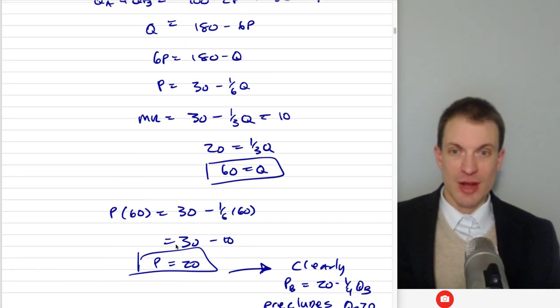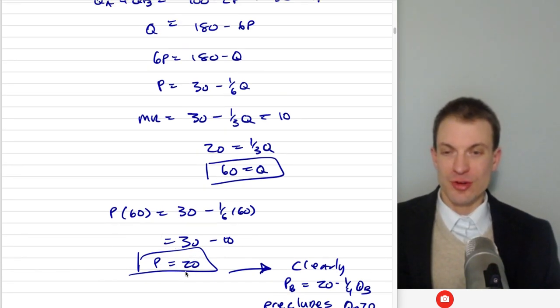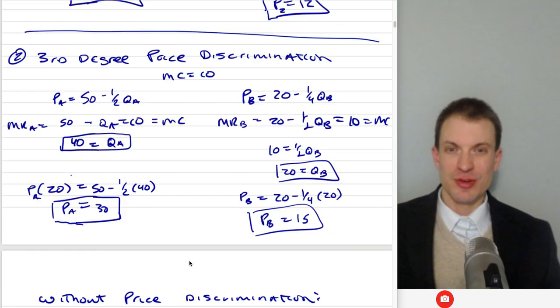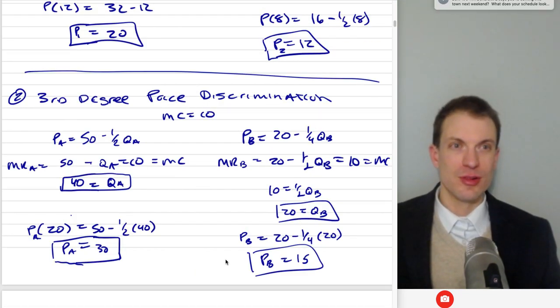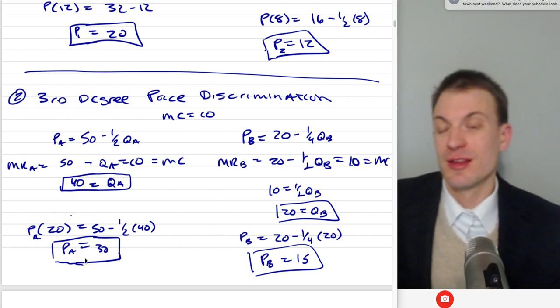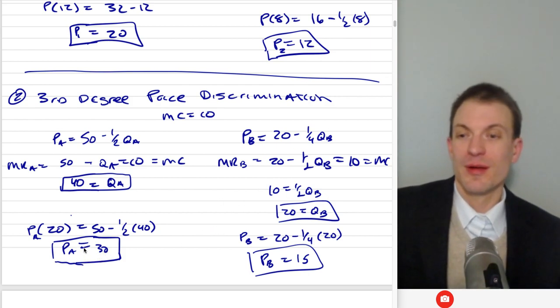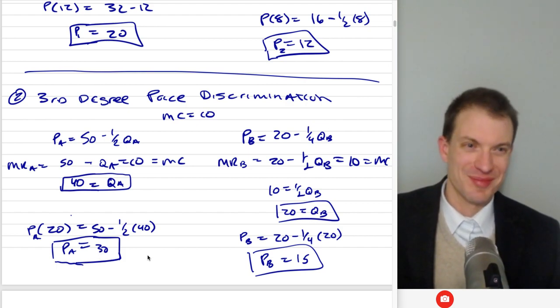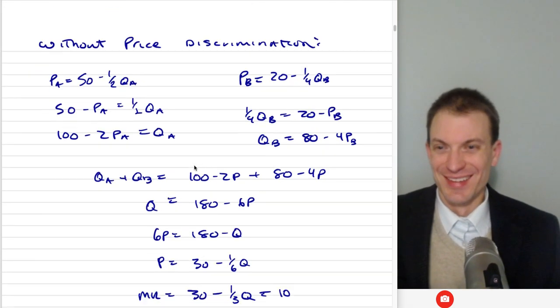Notice what happens when we actually do practice third degree price discrimination. This would have been my reference price. I'm going to give a discount of 5 to my low demanders, and then a higher price to the second market.